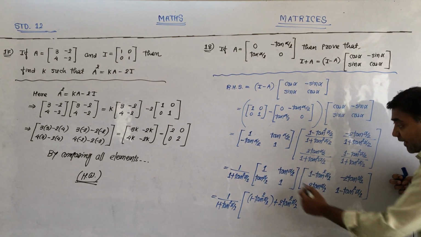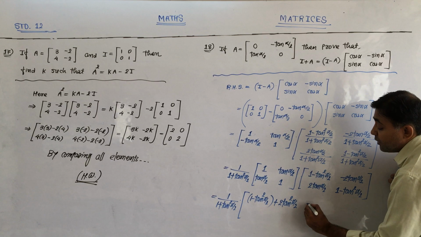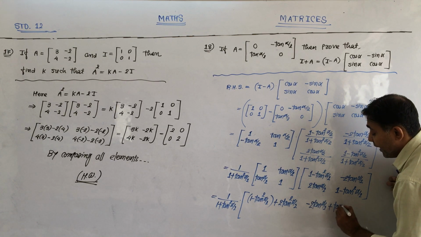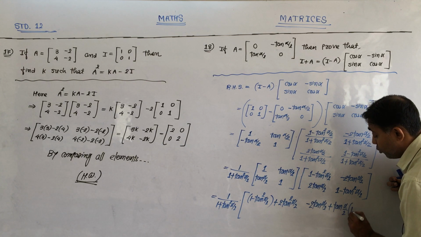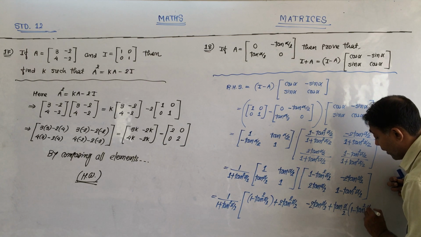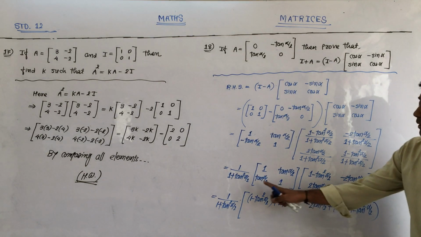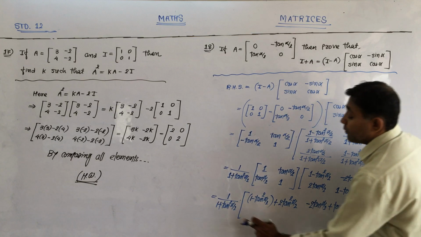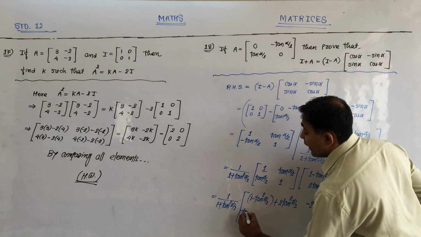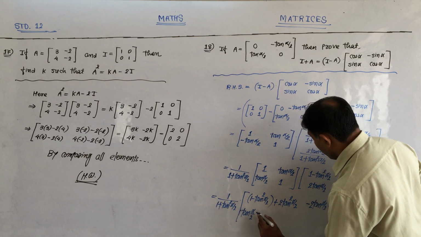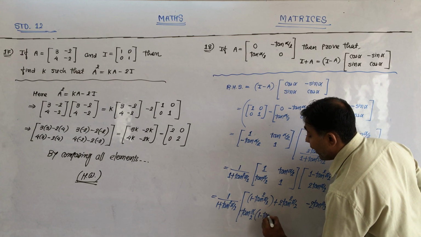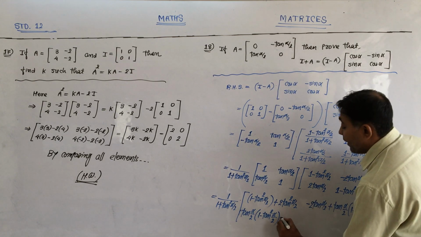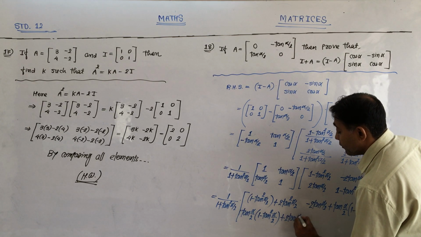Now first row, second column. See here: minus 2 tan alpha by 2 plus tan alpha by 2 into 1 minus tan square alpha by 2. Similarly, this tan alpha by 2 is multiplied here. Now second row, first column: tan alpha by 2 into 1 minus tan square alpha by 2 plus 2 tan alpha by 2.